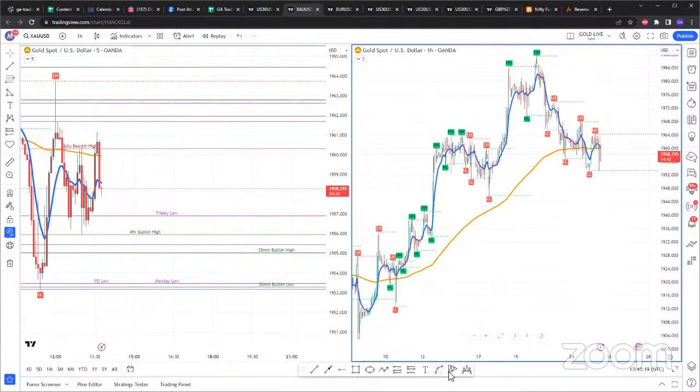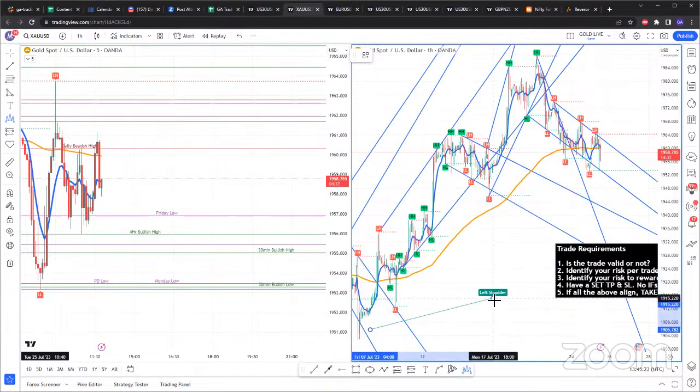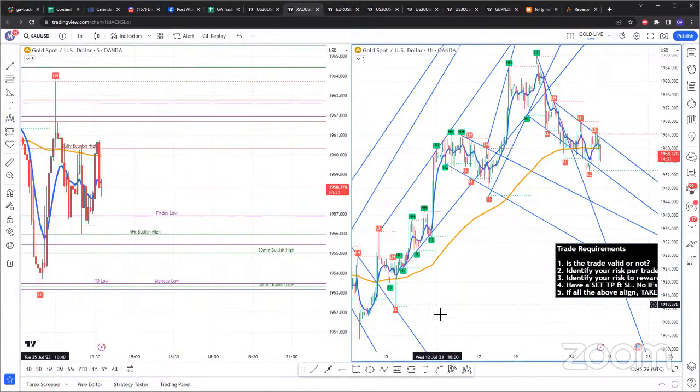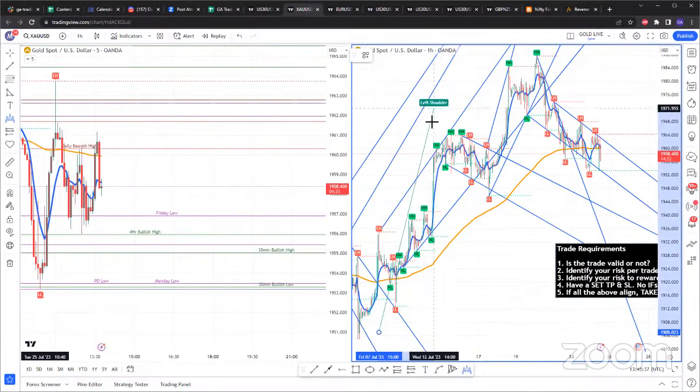So here on the hourly time frame, personally, I see a head and shoulders pattern. I don't want to have too many drawings. But here, look at this. This right here, left shoulder, right?